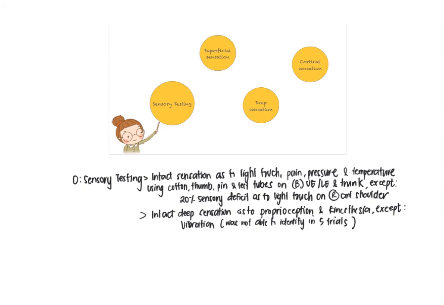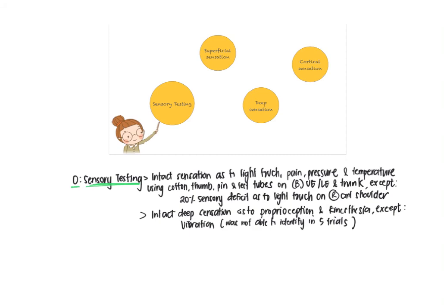Okay, for sensory testing, notice that the findings were written as follows. So you see that O, the subheading, is written, and another subheading, which is the sensory testing, is written.